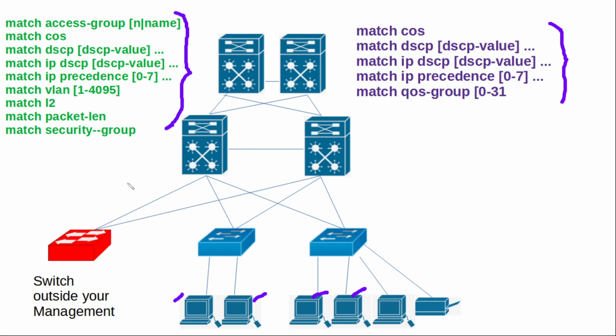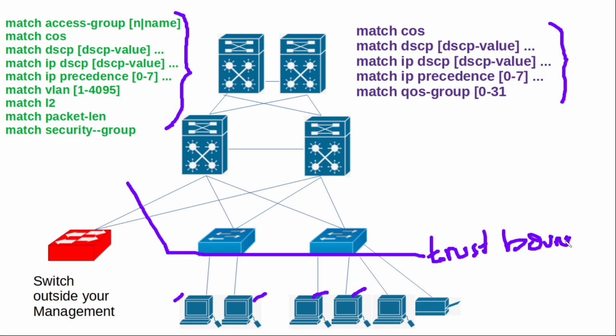So there is something known as a trust boundary. This will be your trust boundary. You don't trust the markings beyond this trust boundary, and you are going to trust the markings inside your trust boundary.